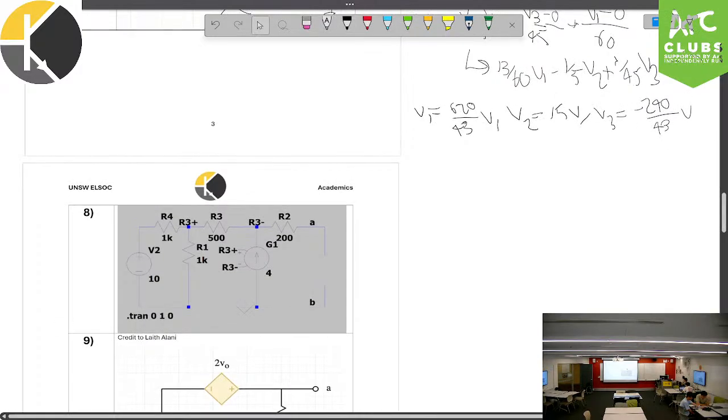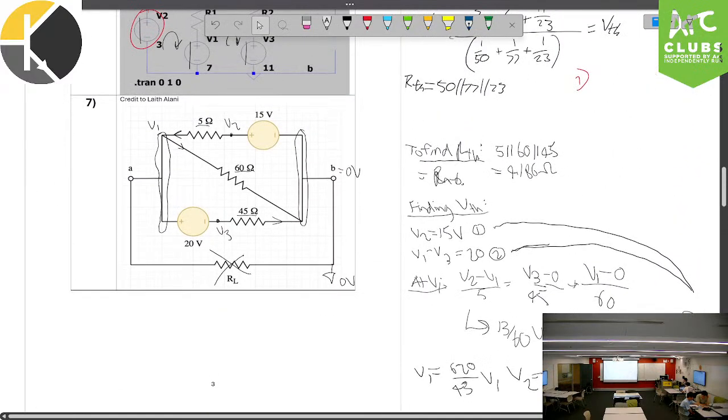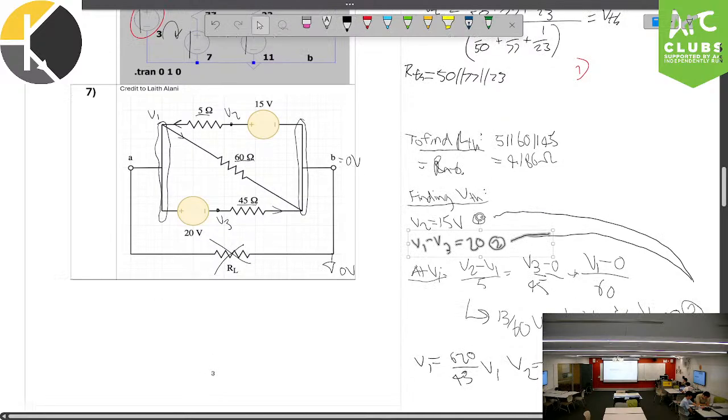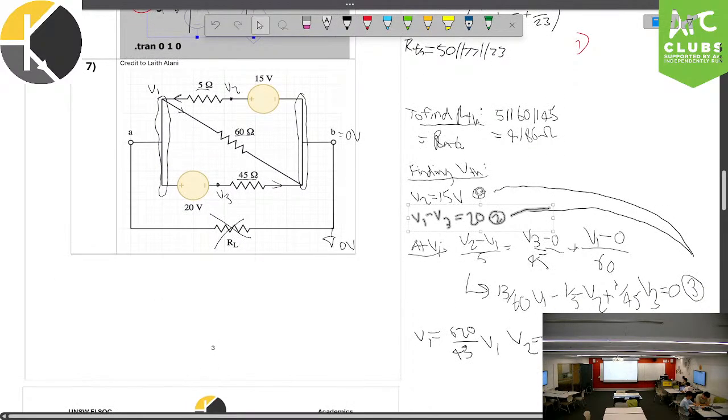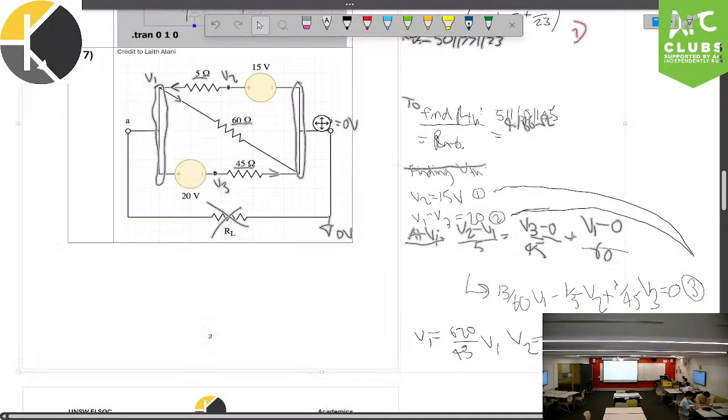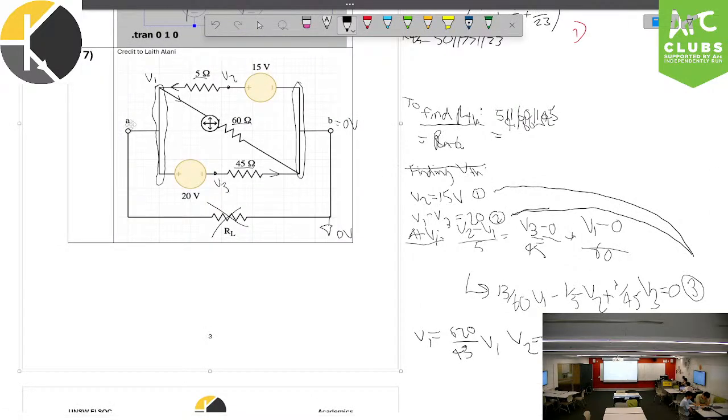Now, we found earlier that we want to find VTH. And VTH would be the voltage across A and B. Now what we can see is that because B is 0 volts, the voltage at A would be just the voltage right here, which is the same as V1.